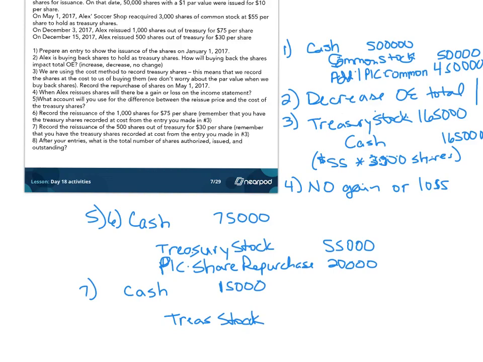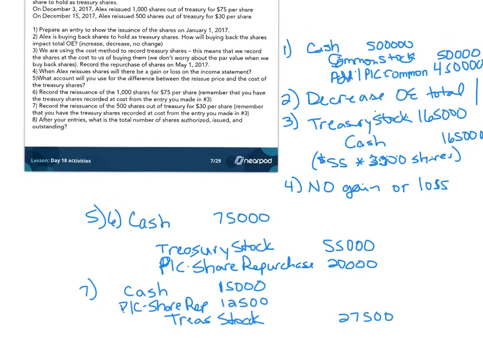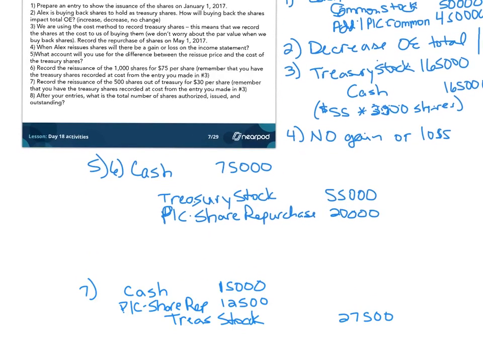So it was $55 times 500, which if you do that math, you get $27,500. And now I need to make this journal entry balance with another debit, and I'm going to use that same Paid in Capital Share Repurchase account. Okay, it's the same account here and here to make that happen. Okay, so now I've done those journal entries.